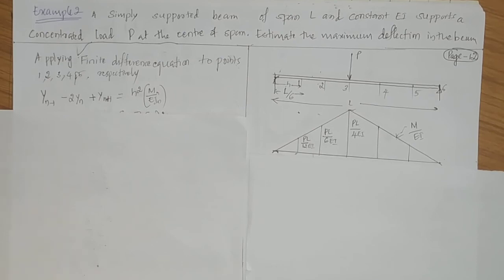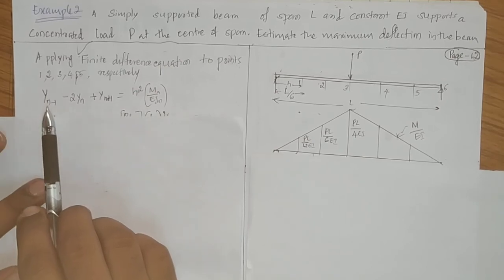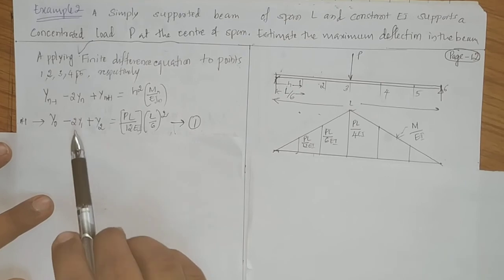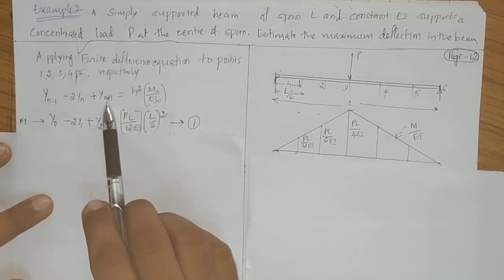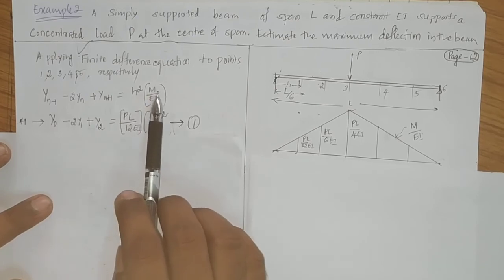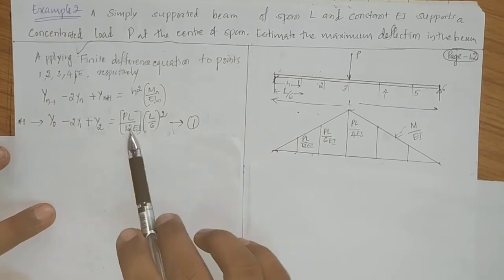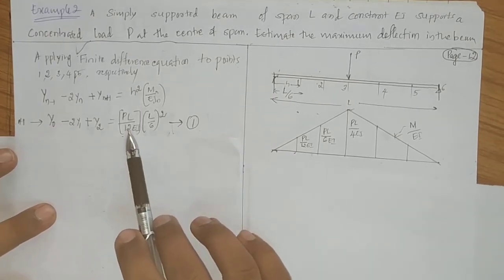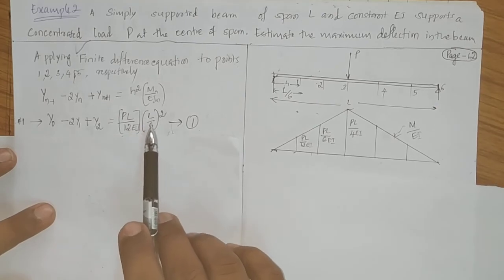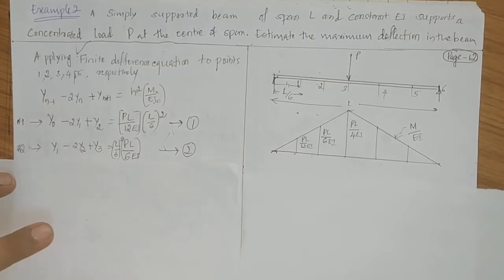At point number 1, n is equal to 1, so n minus 1 is 0, then minus 2y1, and n plus 1 is 2, therefore y2 is equal to, substituting the value of Mn at point number 1. What is Mn? PL by 12 EI. So just substitute that, PL by 12 EI, and h is equal to L by 6, that whole square, and keep that as equation number 1.